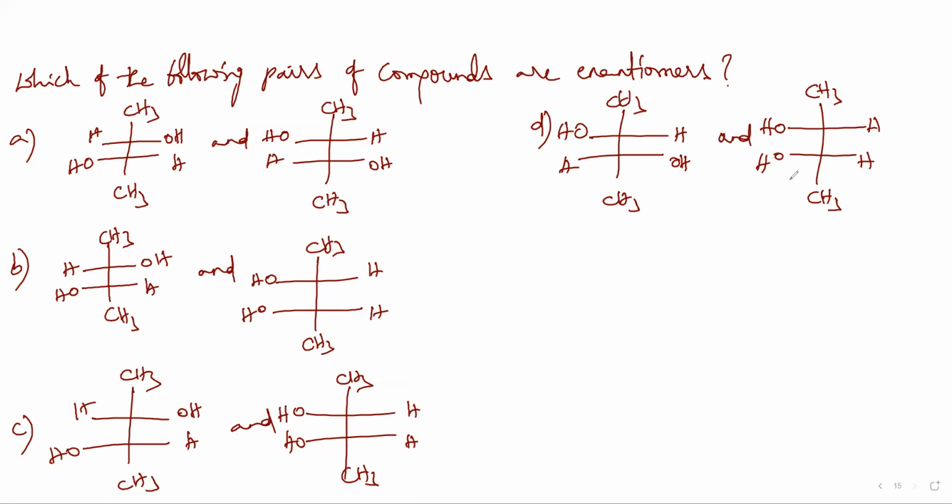Do you know what enantiomers are? Optical active isomers which are non-superimposable mirror images of each other are called enantiomers.